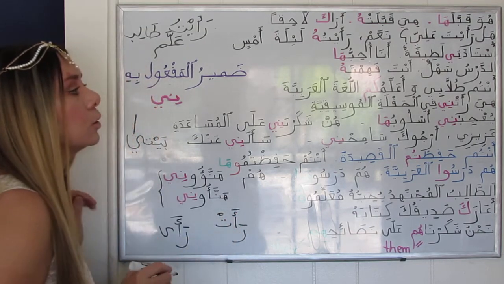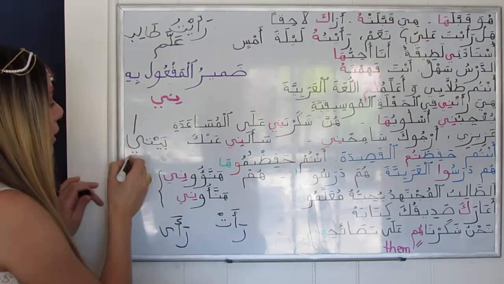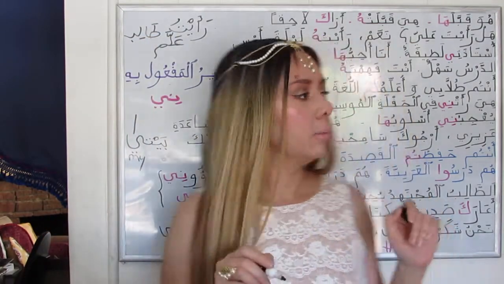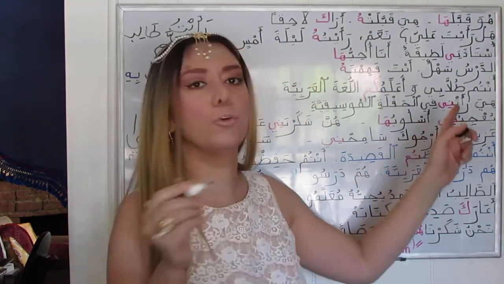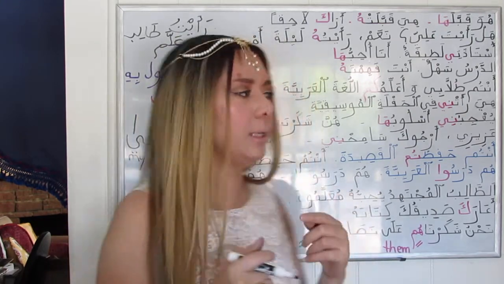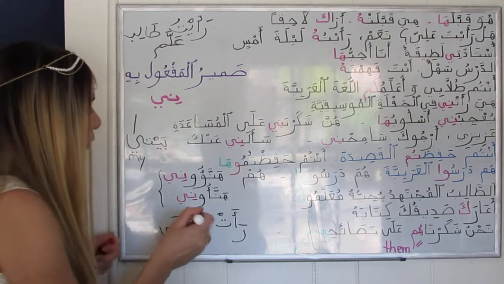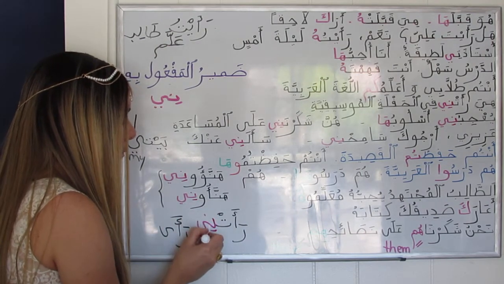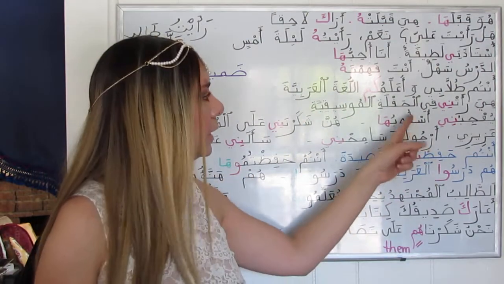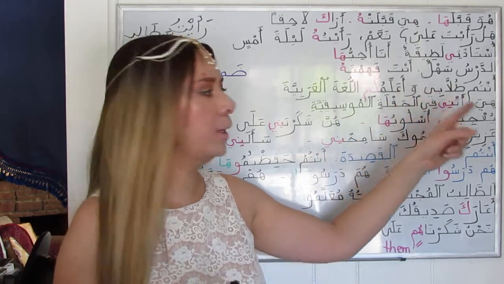To refer to me, here it's the possessive pronoun, my house, بيتي. But when you attach it to a verb, it is rendered as me in English. She saw me. So we will add the ni. She saw me in the concert. في الحفلة الموسيقية.